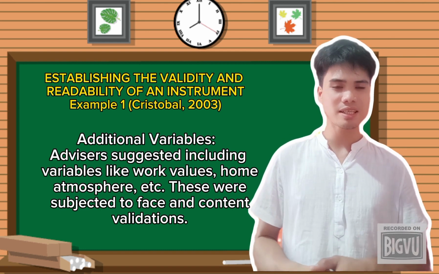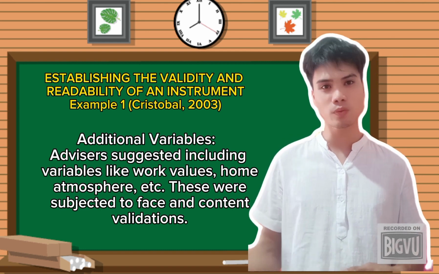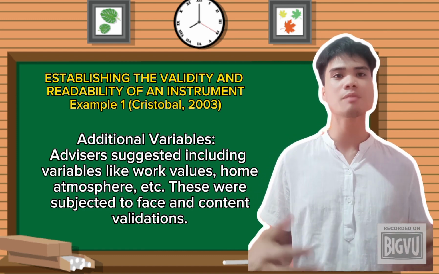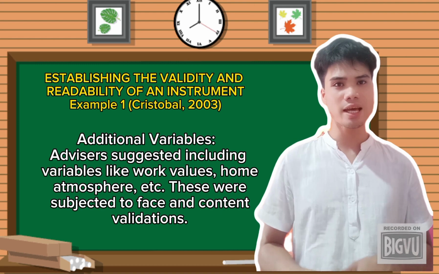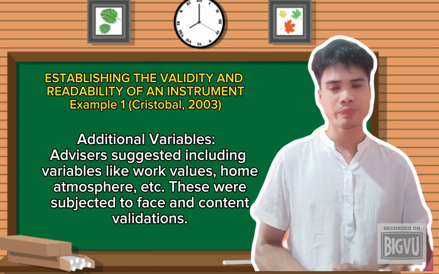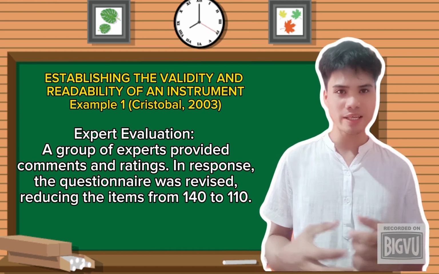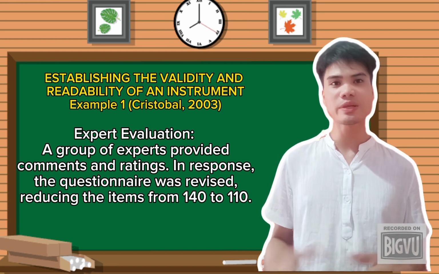And then additional variables. Advisors suggested including variables like work values, home atmosphere, etc. These were subjected to face and content validations. Next is the expert evaluation. A group of experts provided comments and ratings in response.